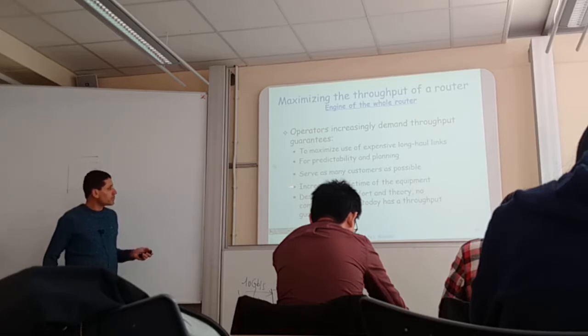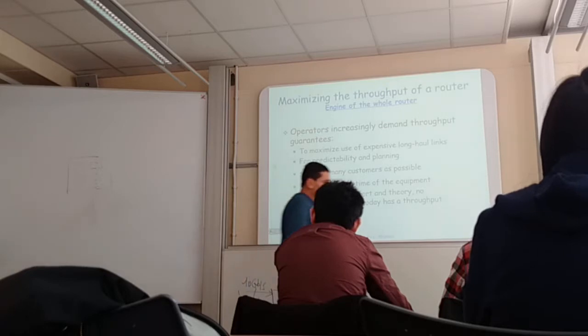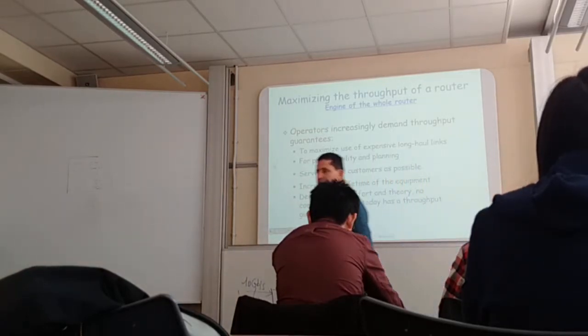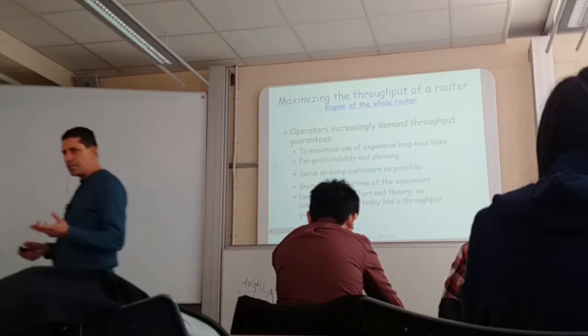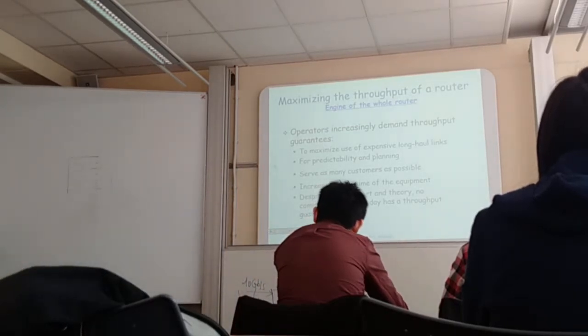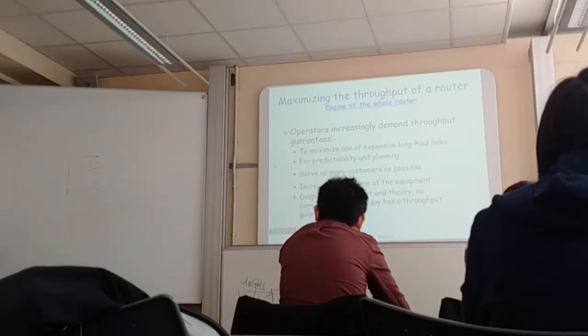And of course, you can understand why operators would like a throughput guarantee. If you buy a router that says it has 10 gigabit per second interface speed and a number of interfaces, you would wish to have that guaranteed throughput, but it's not the case because it depends on the architecture of your router.